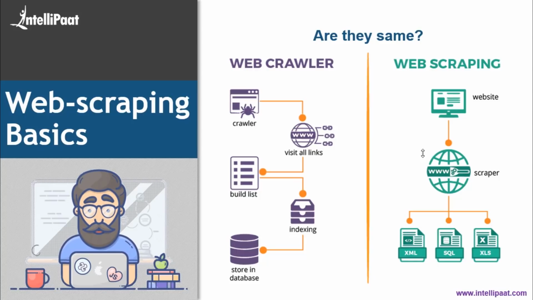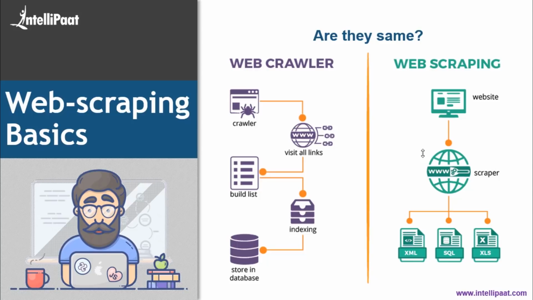An important thing to know is that a web scraper can do things a web crawler wouldn't do. For example, it doesn't obey robots.txt. I'll tell you in detail what exactly it is later in this session, but for now just understand that it is a file which tells what you can crawl and what you cannot, and a web scraper does not obey that file.